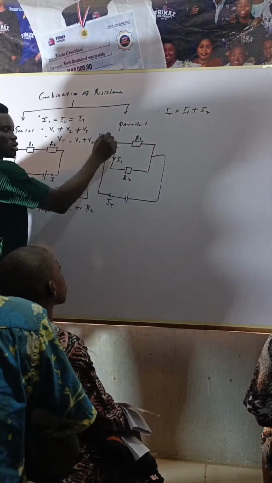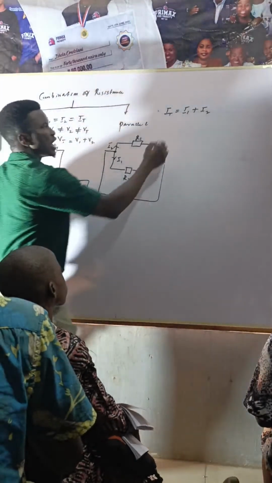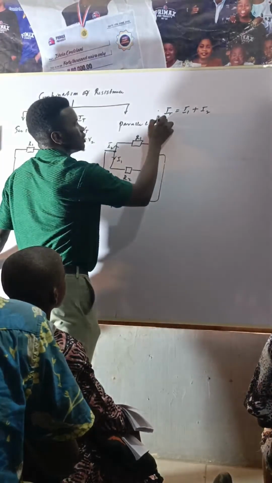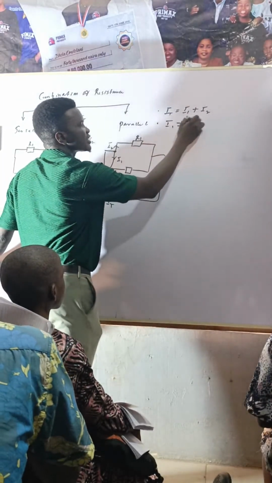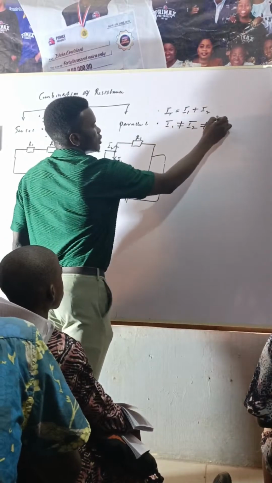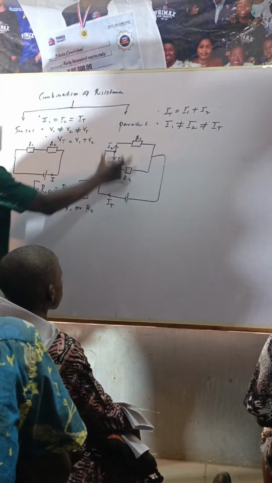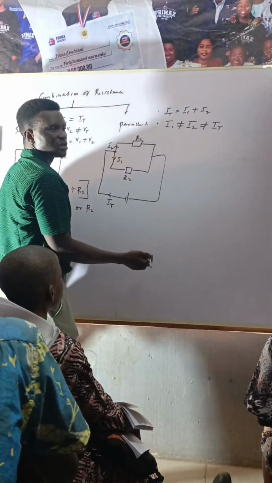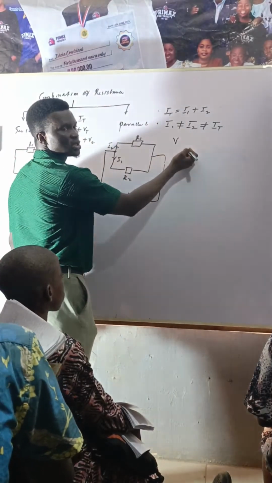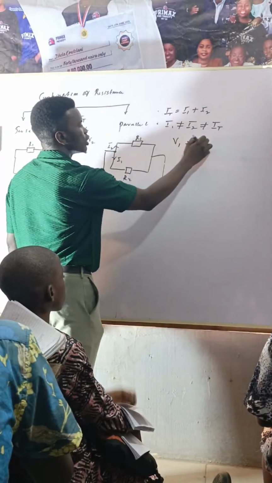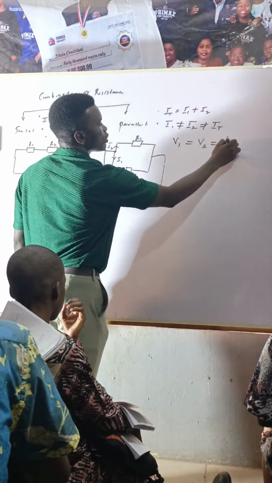At that junction, the current will divide. So the currents flowing will not be the same, but your I total will equal I1 plus I2. But since they are connected in parallel, we did it in the morning, their voltages will be the same, and V1 will be equal to V2, and that will be equal to V total.